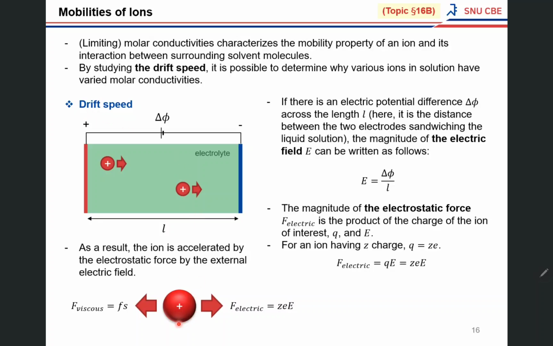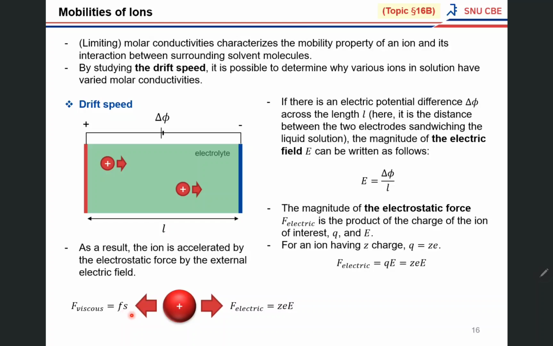At that situation, there should be equilibrium between the two forces: ZeE, the electrostatic force, and on the opposite side the viscous force, which is expressed as the product of the friction factor and the drift speed.